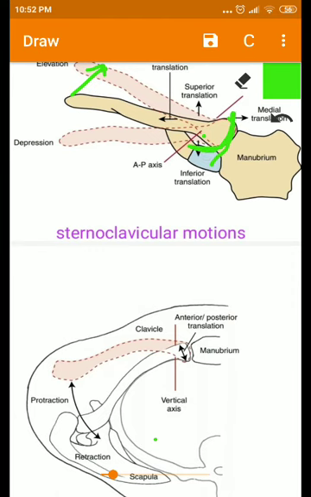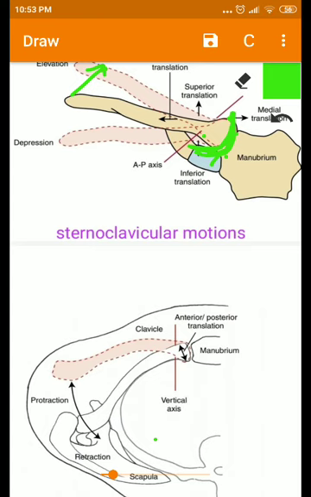The location of the axis far from the joint increases the intra-articular motion.